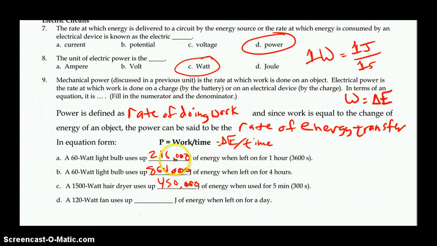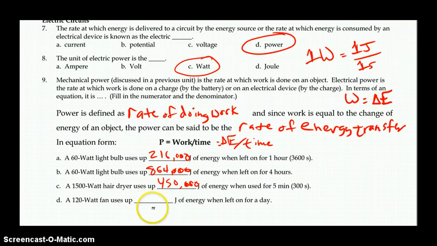Now you can see that's more than the 60-watt light bulb when it was left on for a full hour, so the bulb was left on 12 times as much, but it still used up less energy. So more powerful items, things with a higher wattage rating, are going to go through energy faster, and they're going to transfer energy faster than objects with a lower power rating.